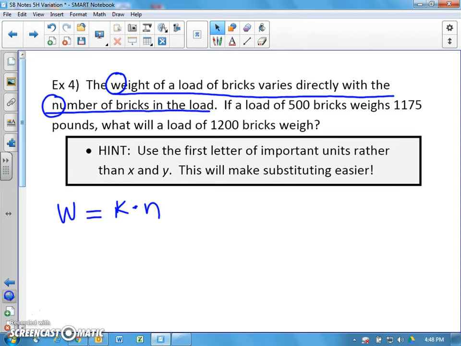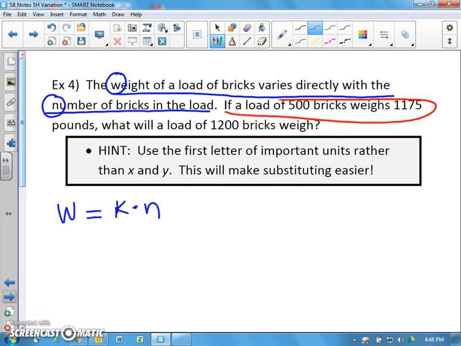Now what I'm going to do is substitute in the information that it gives me. It tells me that a load of 500 bricks weighs 1,175 pounds. So the weight is 1,175. The number would be 500.